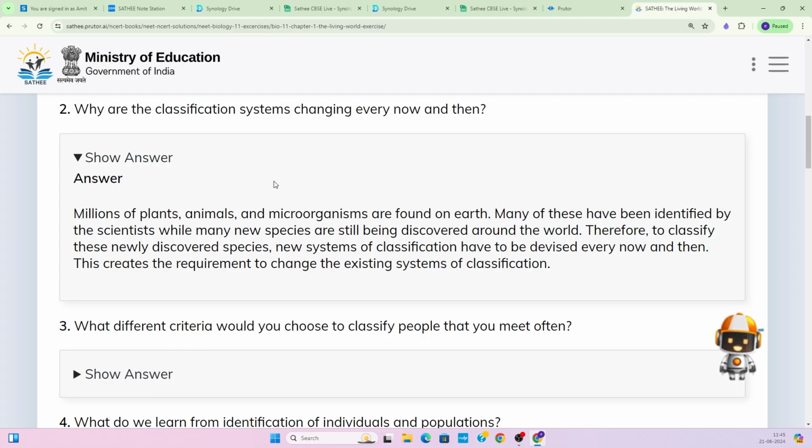Millions of plants and animals and microorganisms are found on the earth, right? 1.7 to 1.8 million is the total number. Many of these have been identified by the scientists, while many new species are still being discovered around the world.